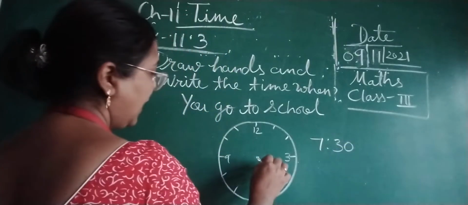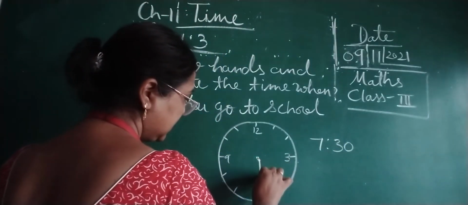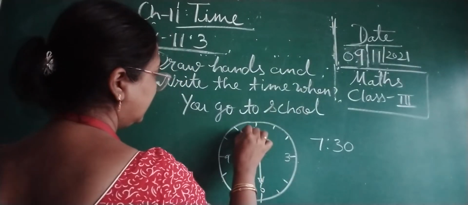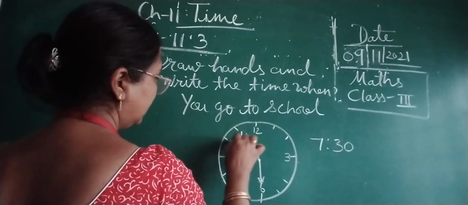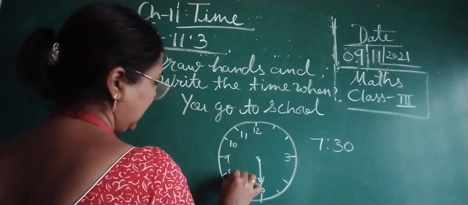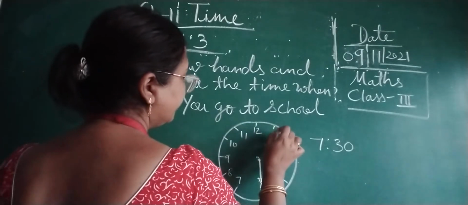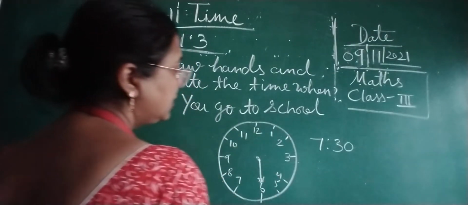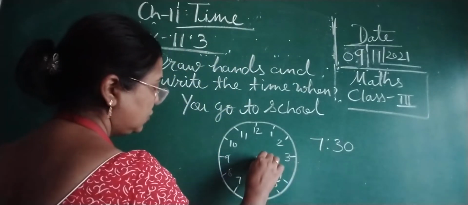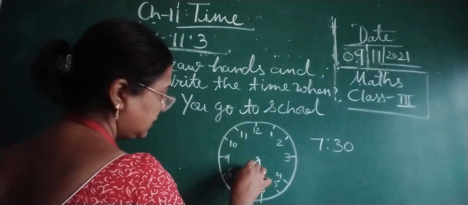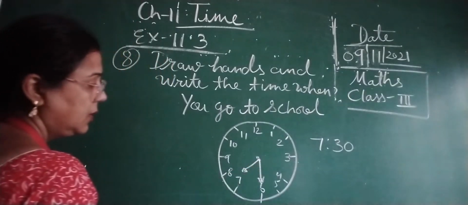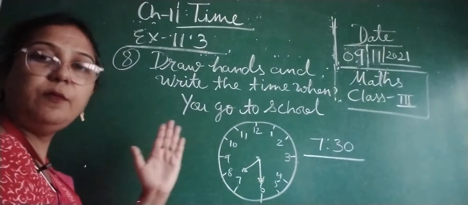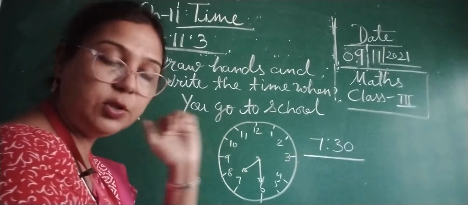So we have to show this because the bigger hand will be at 6, and here you can see this is 11, this is 10, this is 8, this is 7, this is 1, 2, 4 and 5. Now children, because we have to go at 7:30, so we will draw this over here. So this is 7:30. Okay, the time is 7:30. This is the time we are supposed to go to school children.